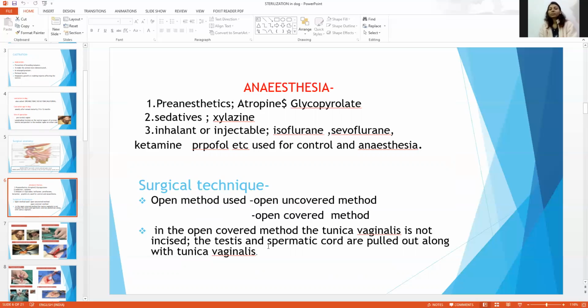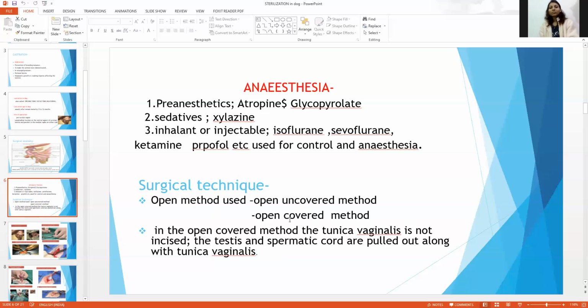Open covered means you are not going to incise the tunica vaginalis. The tunica vaginalis will cover the testicle. If you are not going to incise the tunica vaginalis, it means you are going to perform castration by the open covered method.